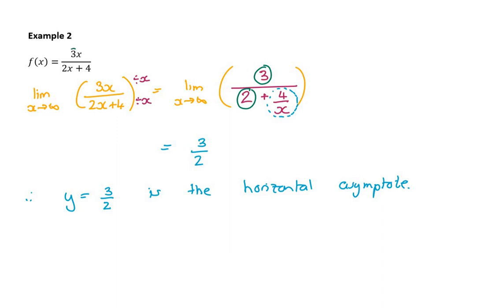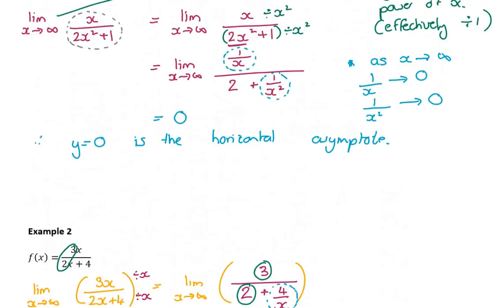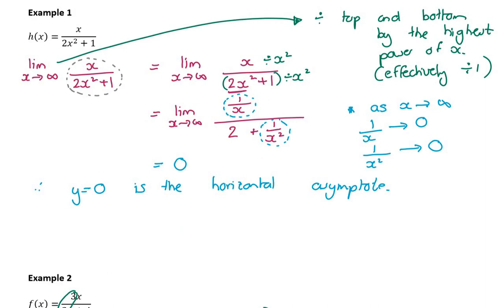So you start to get really good at this once you've practiced, because you start being able to realize that this will be tending towards 3 over 2. You also start to be able to look at this and say, well, if the bottom has a higher exponent than the top, then the top is always going to tend to 0, because it doesn't matter what you divide by, this top is always going to have some x's at the bottom because it had fewer x's to start with.